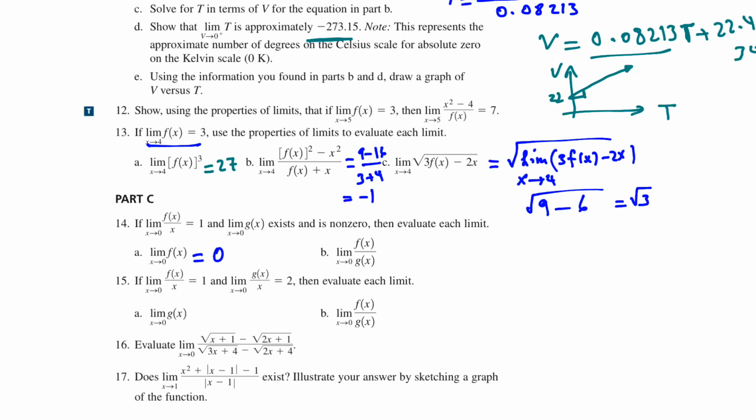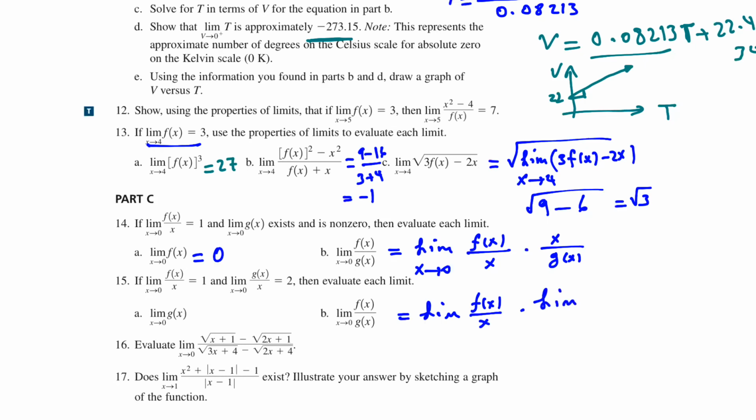The limit of f of x over g of x as x approaches 0 is the same as the limit of f of x over x times x divided by g of x as x approaches 0, the same as the limit of f of x over x times the limit of x divided by g of x as x approaches 0.